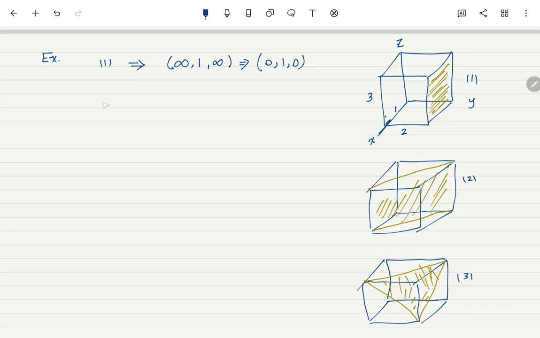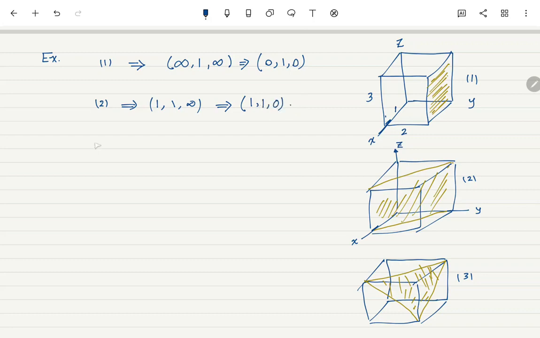Now consider case number 2, this one here. This plane intercepts the x-axis at 1, and the y-axis at 1, and never intercepts the z-axis, which means infinity. In other words, take the reciprocal, it will be 1, 1, 0.